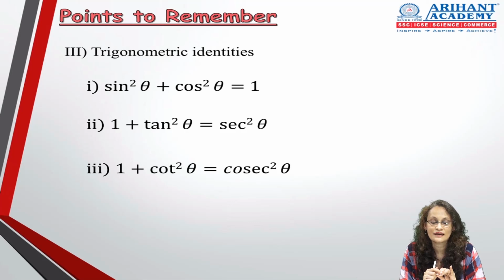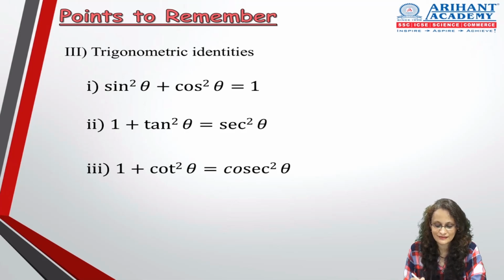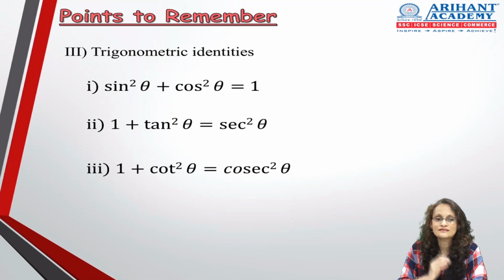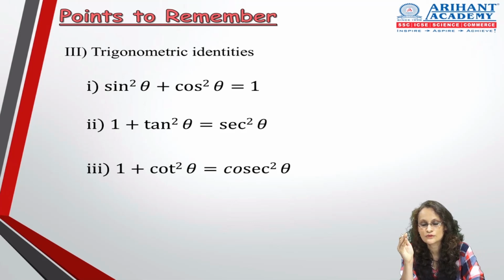And the third one, 1 plus cot square theta is equal to cosec square theta. So these are our 3 identities of trigonometry. Sin square theta plus cos square theta is 1, 1 plus tan square theta is sec square theta, 1 plus cot square theta is cosec square theta. So once these 3 identities are fixed in your mind, we move on to the MCQs where we are going to use this.